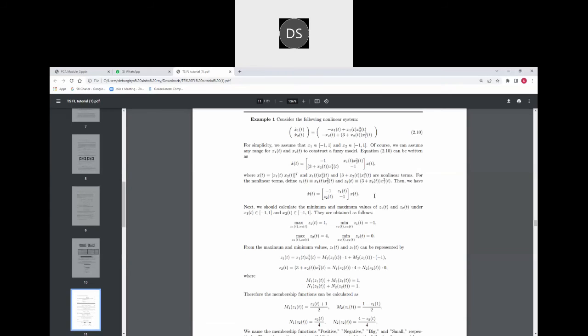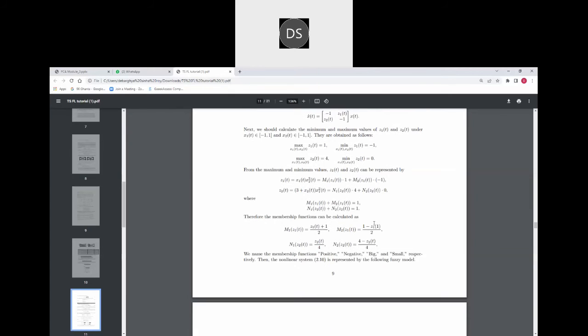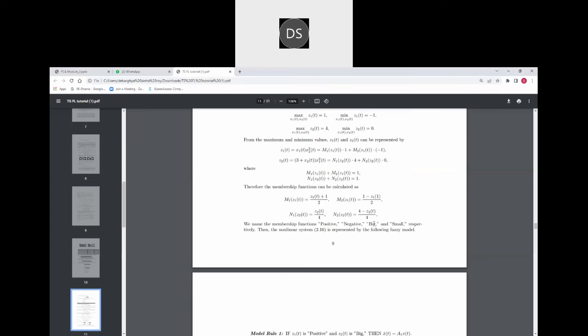The minimum value of z2 is 0 because even if we put x2 equal to -1, we will get a positive output because x1 whole square is positive. So we put x1 equal to 0 such that we get the minimum value of z2 as 0. Next, now we got these four values, and we will discuss z1, z2 in terms of m1 and n2.